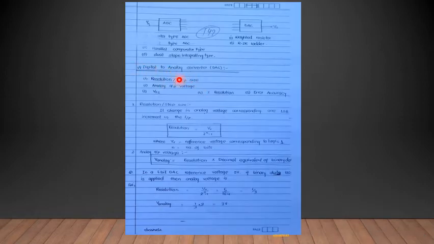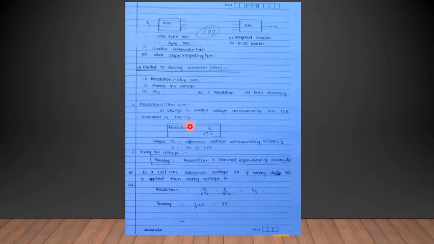So there is some basic terminology in this. First one is resolution, or step size, then analog output voltage, then VFS, resolution, error, accuracy. So what do you mean by resolution or step size? Basically, it is the change in analog voltage corresponding to one least significant bit increment in the input.